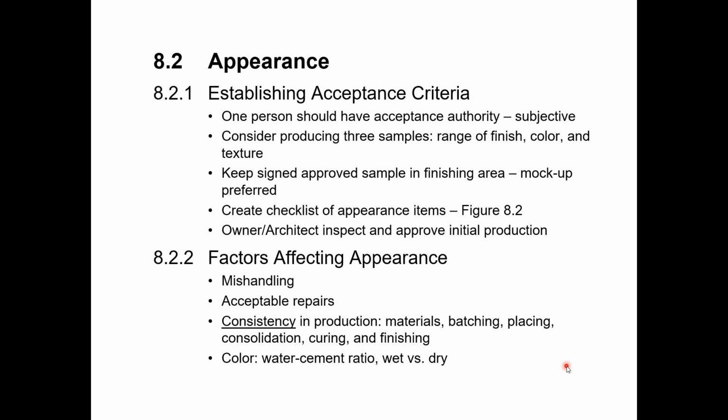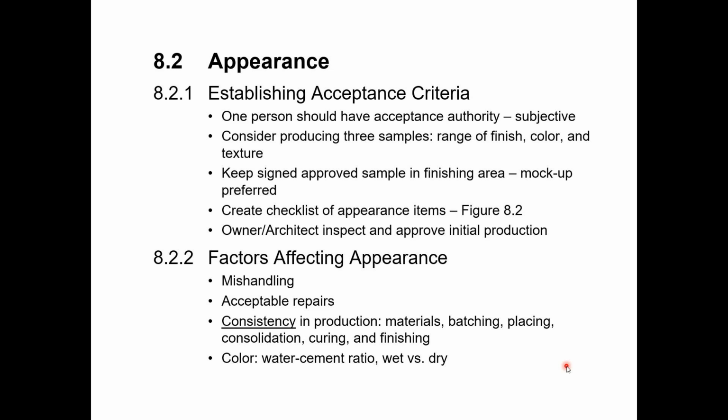So in addition to dimensional tolerances, there's things that should be controlled in the plant that have to do with the aesthetic or the appearance of products that you send out the door. This is a very important point, 8.2.1, establishing acceptance criteria. This is true for really anything you do, but this is especially true for architectural precast.